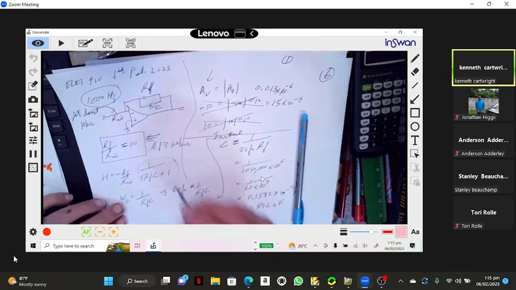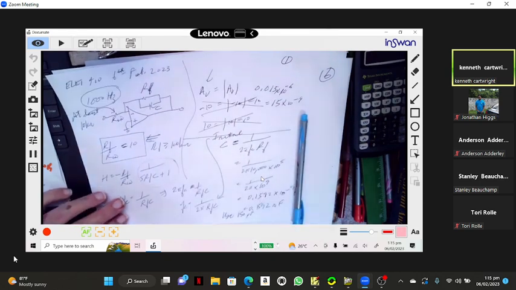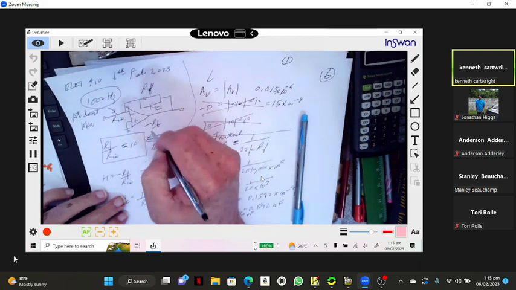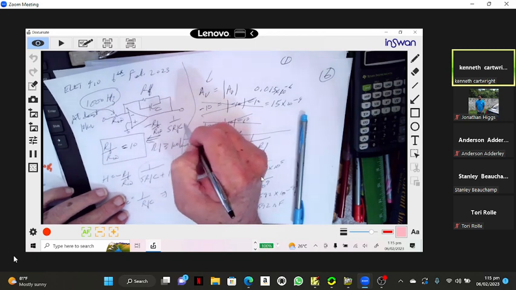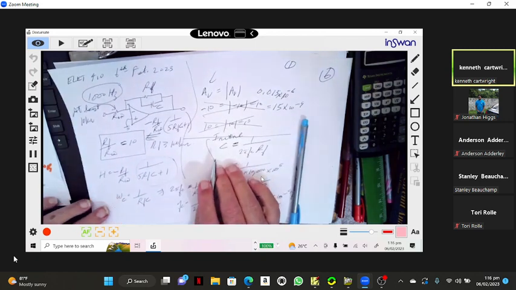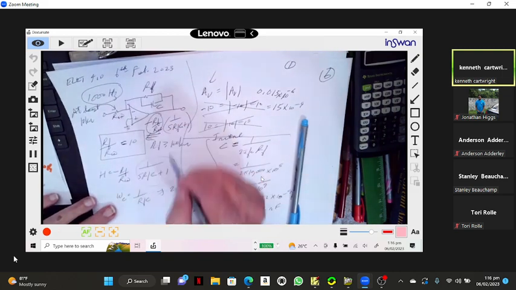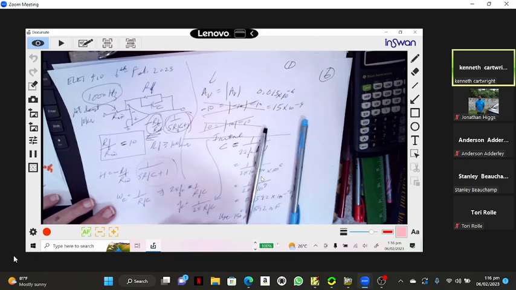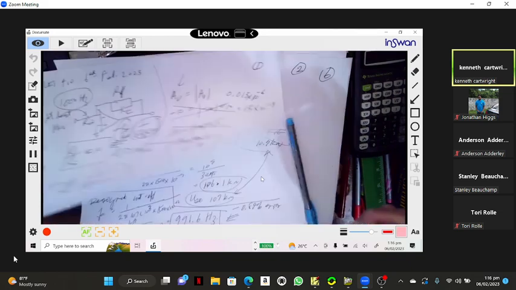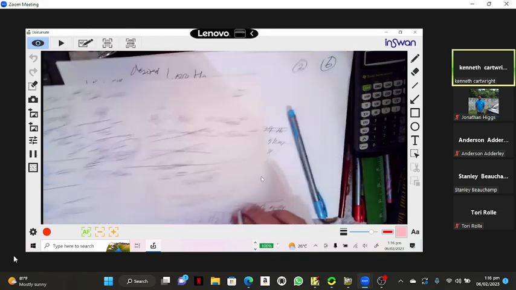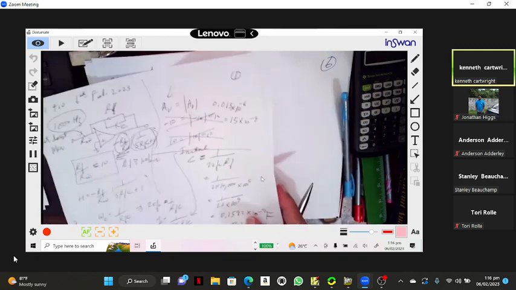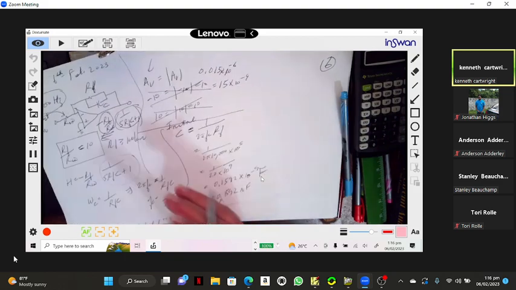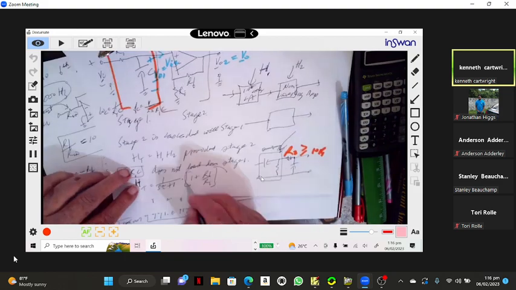What was the transfer function of this? Negative RF over RN, times 1 over S RF C plus 1. That's what the transfer function was. See the gain, negative gain, multiplied by what? Low pass filter. We have the same thing in this circuit. It's the gain, well, it's positive gain now, times the low pass filter.